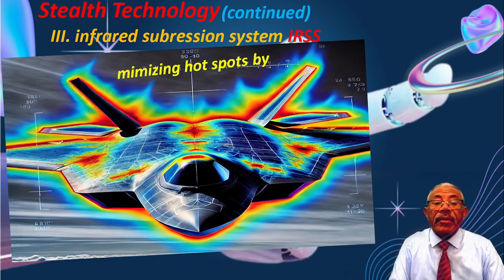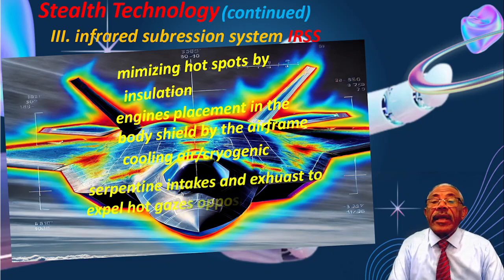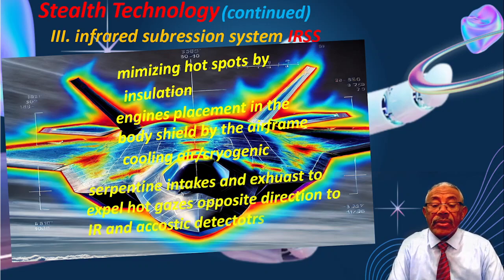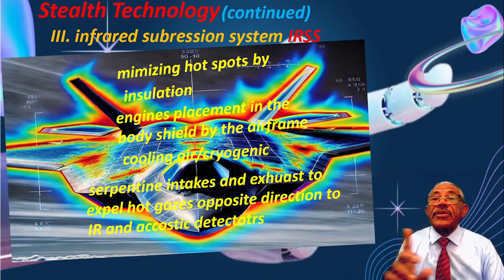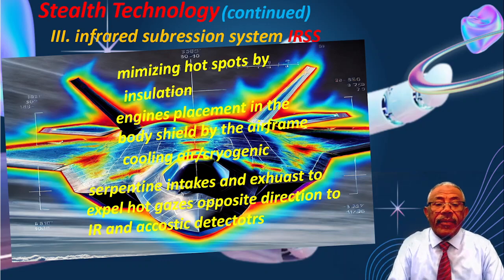So, minimizing hot spots by insulation, engine placement in the body shielded by the airframe, cooling, either air cooling or cryogenic cooling, serpentine air intakes and exhausts to expel the hot gases opposite to the direction of the acoustic sensors and infrared detectors.